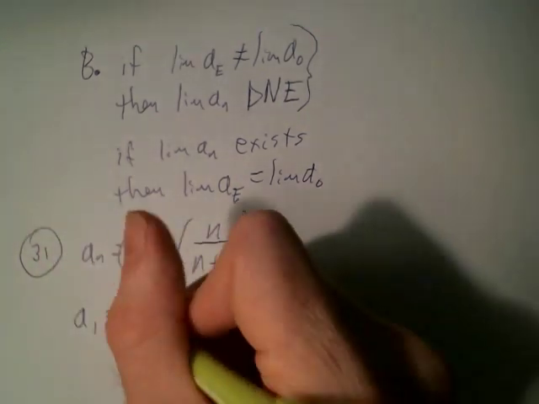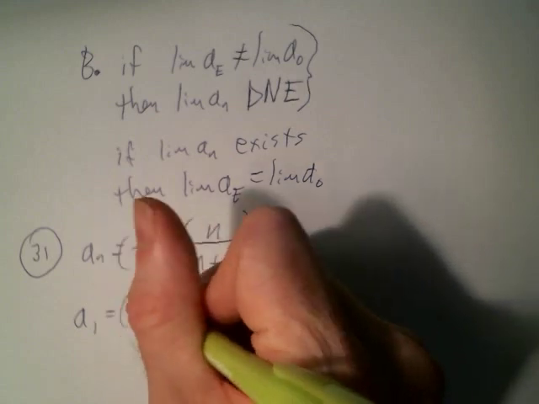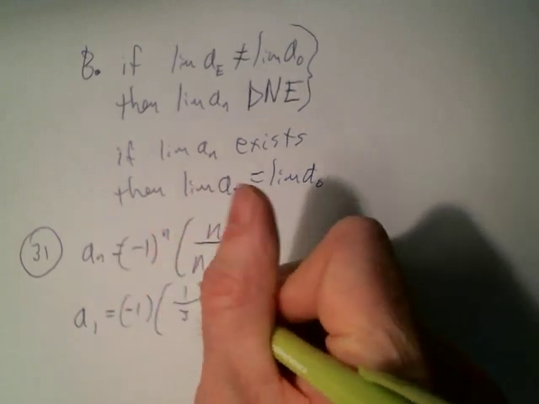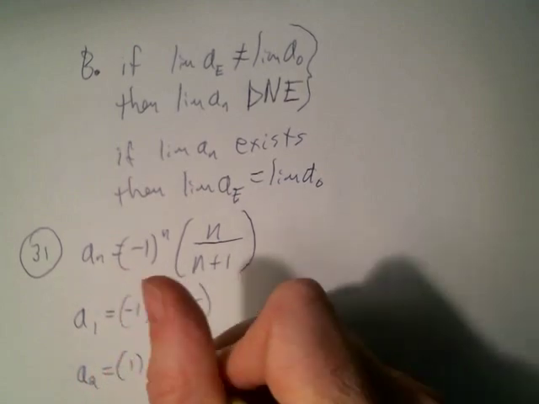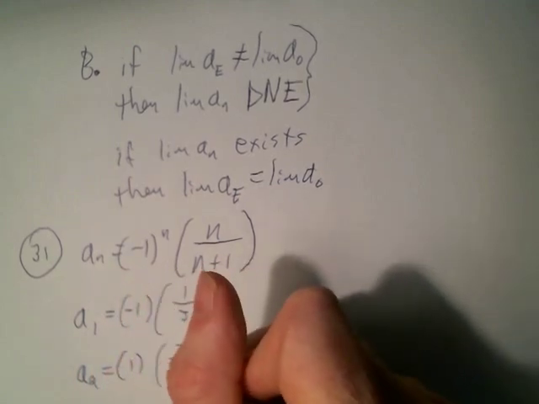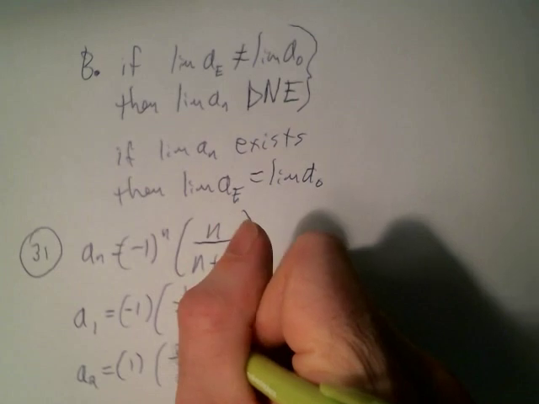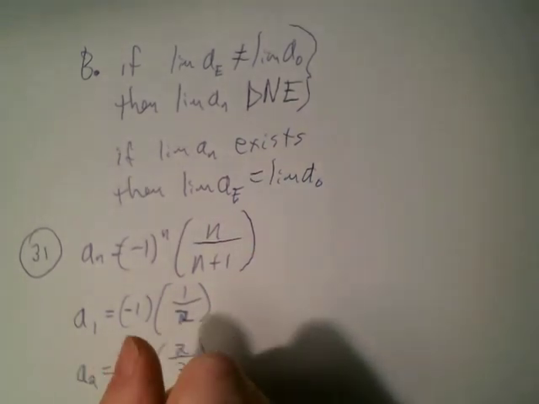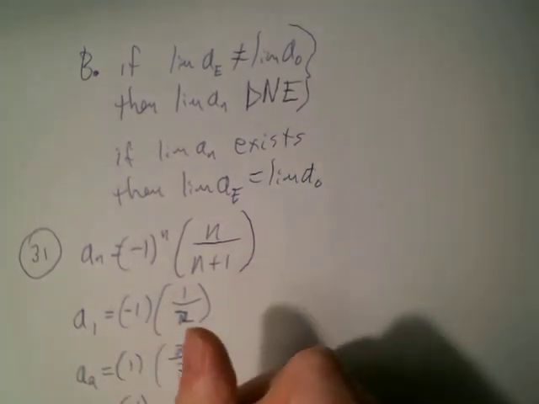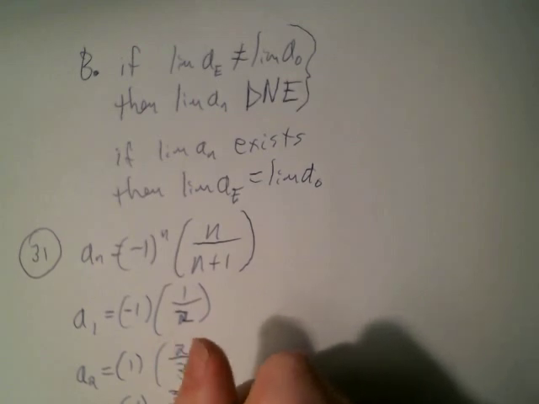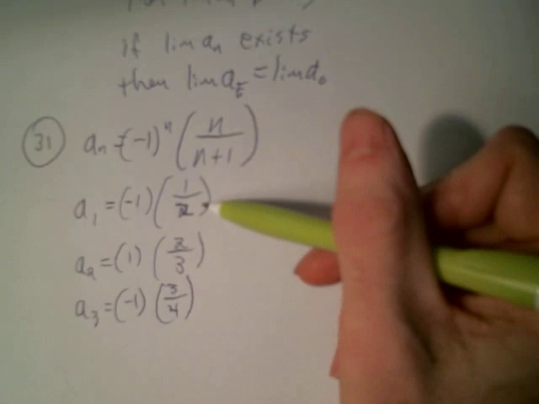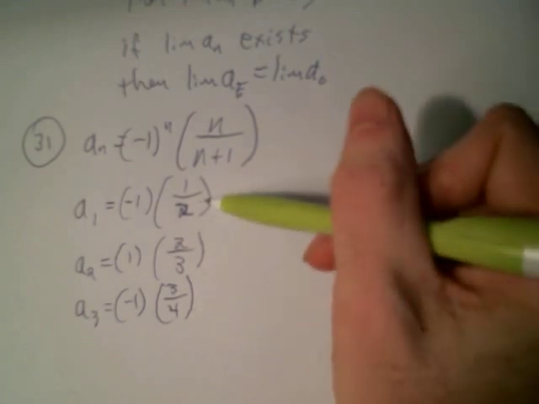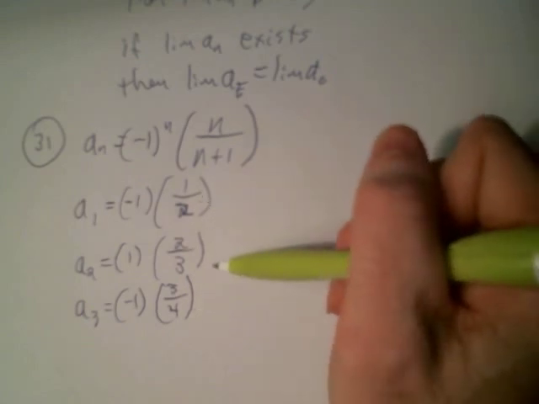So a sub 1 is -1 times 1 all over 2. A sub 2 is +1 times 2 all over 3. A sub 3 is -1 times 3 all over 4, etc. Right? So what's going on is I have negatives on the odds and positives on the evens.